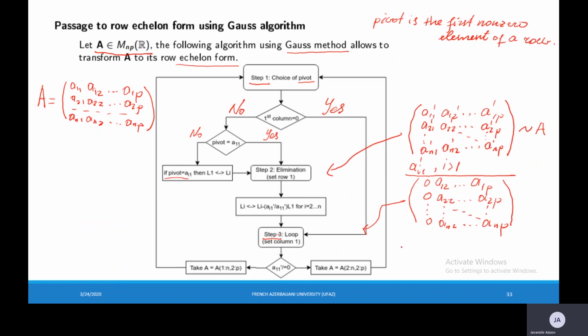Then at the end of the second step, our matrix will be this one: A11 prime, A12 prime, A1p prime, and below it all of the elements in the first column will be 0, followed by A22 prime, A2p prime, An2 prime, Anp prime. This is also row equivalent to A.